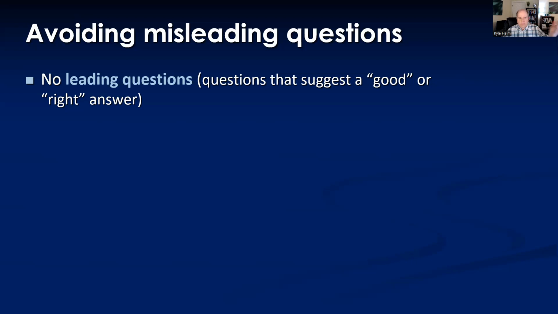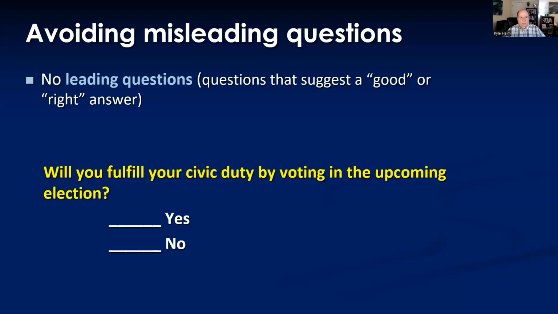You were in Los Angeles on Tuesday, September 4th, right? Where you are suggesting the answer to them. So you don't want to suggest the right answer or a good answer. You want to make sure that the question is phrased neutrally enough that it does not automatically suggest a particular response. So let's look at an example of a leading question.